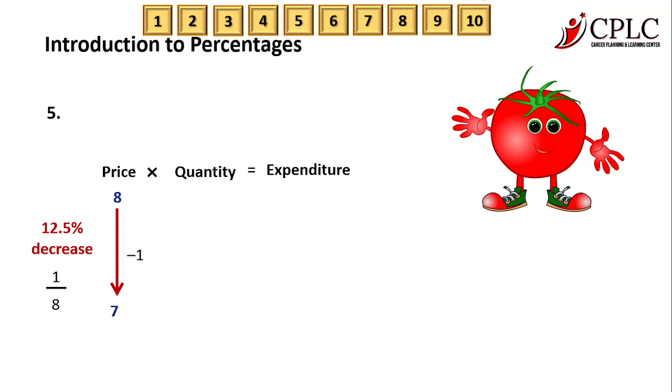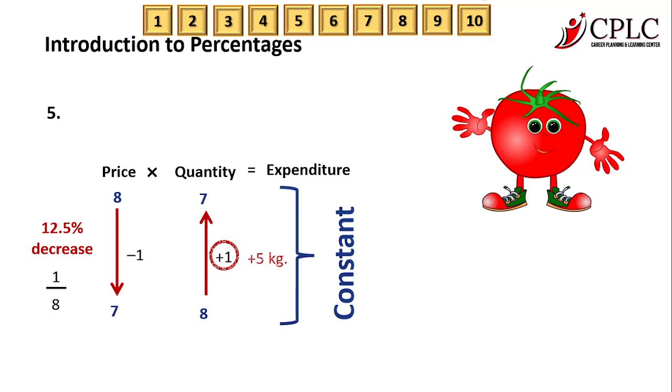Because of this, the benefit that the housewife got is that she got 5 kilos of extra tomatoes. So the price has gone down by one part, 8 has become 7, and because of which the housewife is able to buy 5 kilos more tomatoes. So one part is 5 kilos, 7 parts is 35 kilos, and 8 parts is 40 kilos. Earlier she was buying 35 kilos because the price was slightly higher.